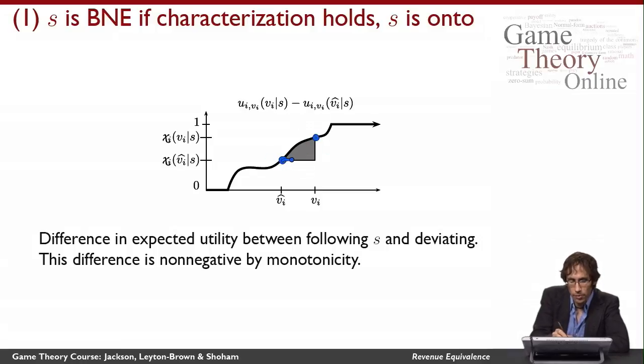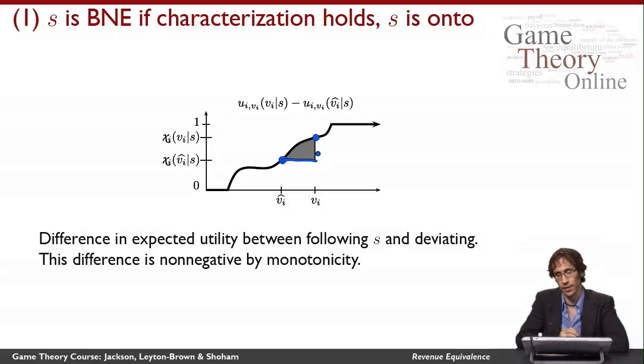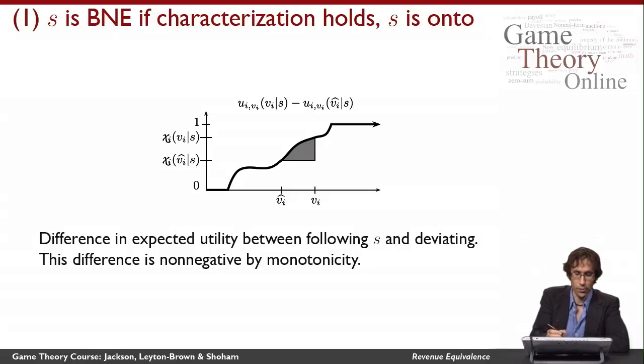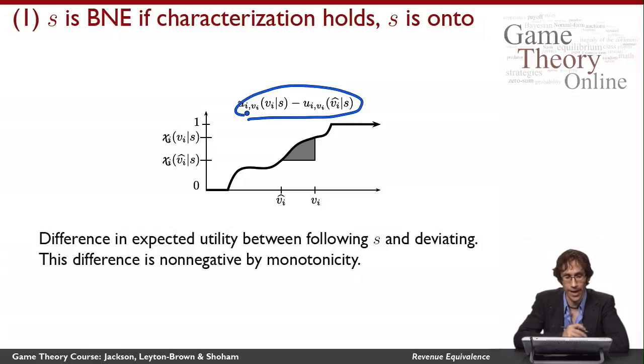It would have been possible for the function to be flat in that region, and if it was, then this number would be 0 rather than positive, but it can never be negative. The only way that it could be negative would be if the function went down, and the function is not allowed to go down by monotonicity. And so that tells us that this utility difference is always going to be non-negative.